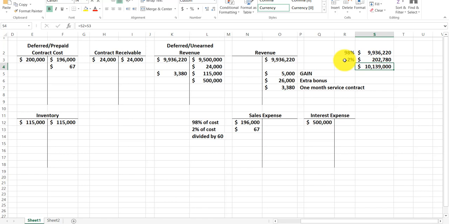You could have also divided the total contract price by the total cost and then multiplied it by the cost, as we showed earlier in another example.